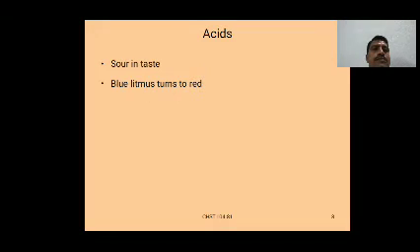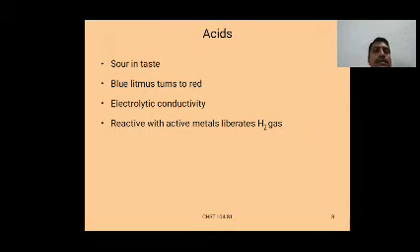Acids turn blue litmus to red. Electrolytic conductivity: these all are conductors. They react with active metals and liberate hydrogen gas.